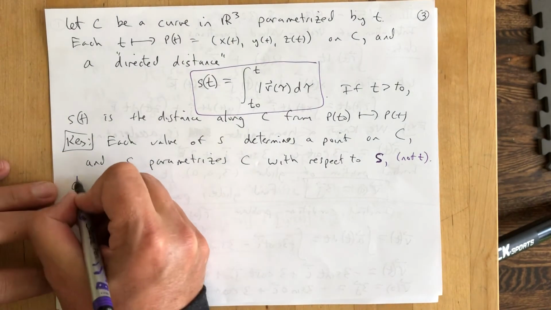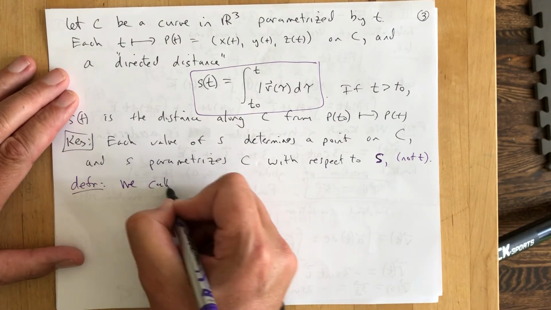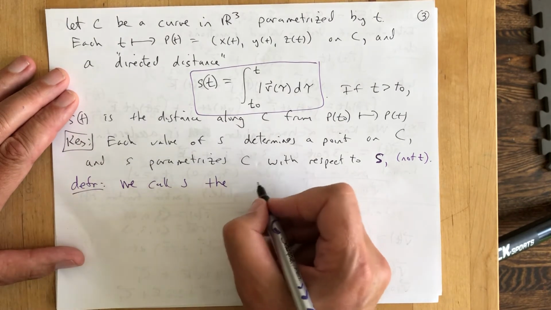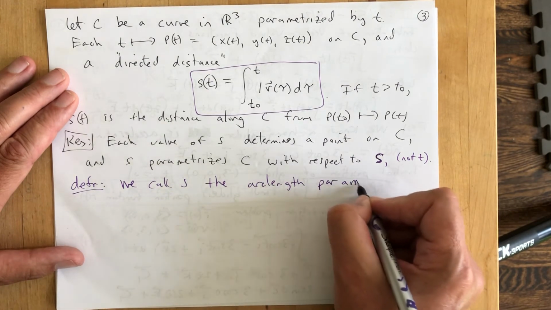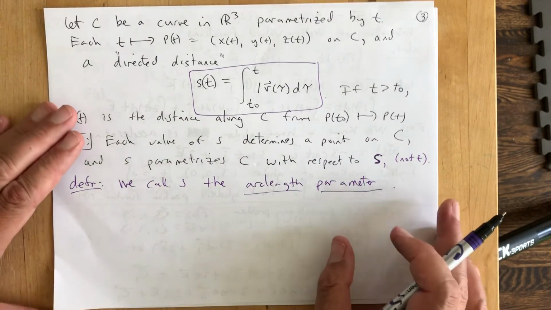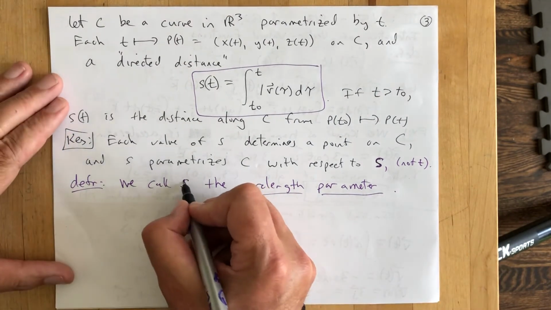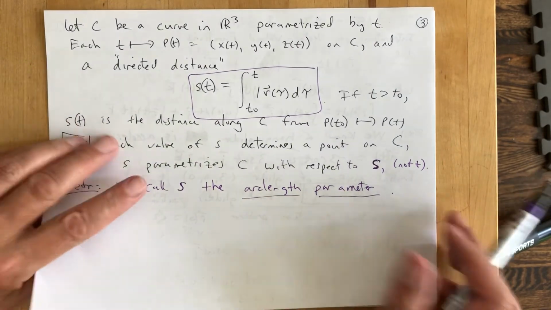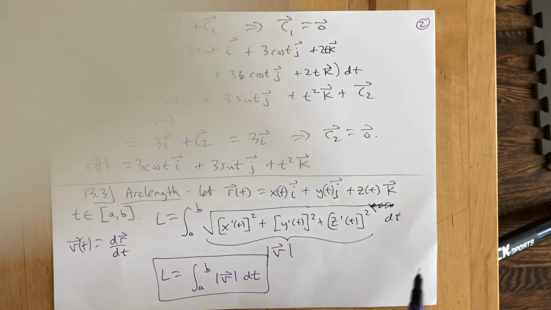All right, so now we define s this way. We call s the arc length parameter. If you have a lot of questions about this, I understand. I do still. It took me a while to get my head wrapped around it. Before, we parametrized the curve with respect to t, and t is just time, so it's moving through.